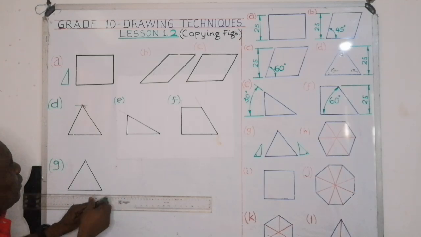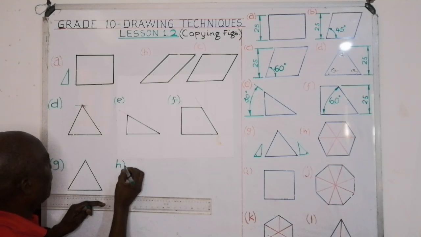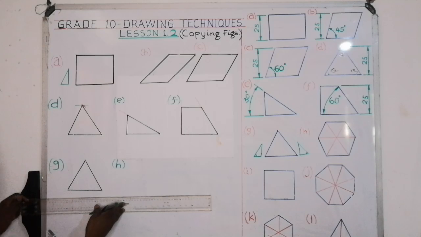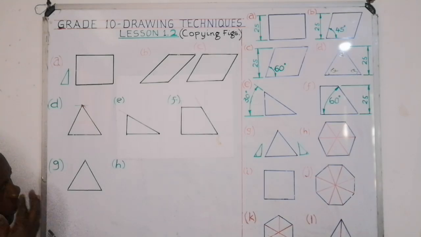H. Let me see where I can write it. I think here. H. H is a hexagon which has got 6 sides, and it is a regular hexagon. All the sides are equal.